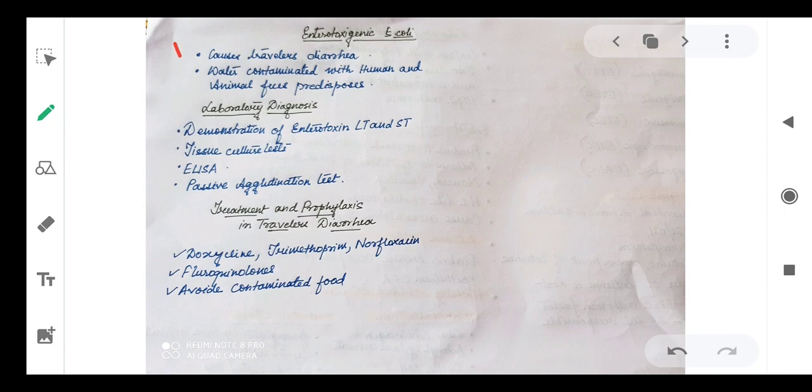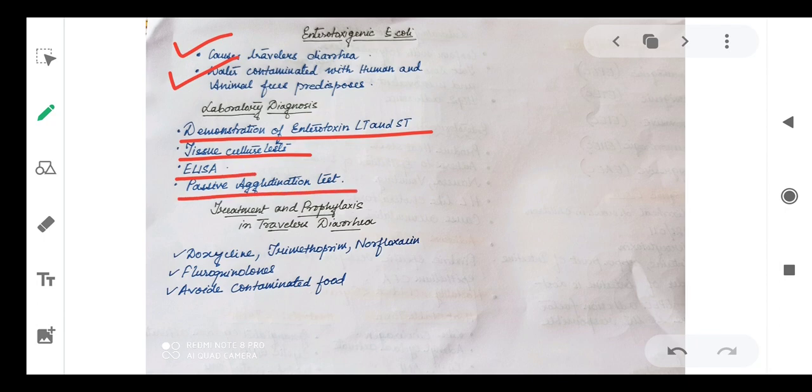Enterotoxigenic E. coli causes traveler's diarrhea and is usually seen in water contaminated with human and animal feces. If you go for laboratory diagnosis, demonstration of enterotoxin LT and ST is required. Sometimes tissue culture test is done, not much, but ELISA can be done very easily, and passive agglutination test is done for confirmation.